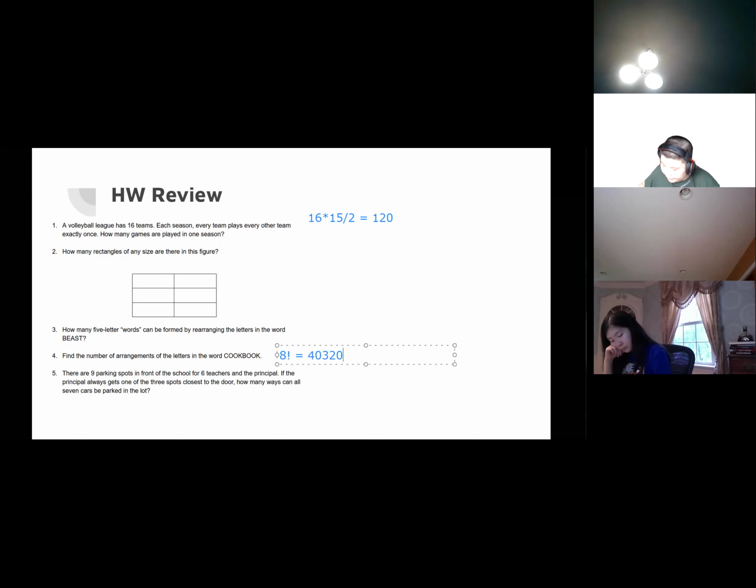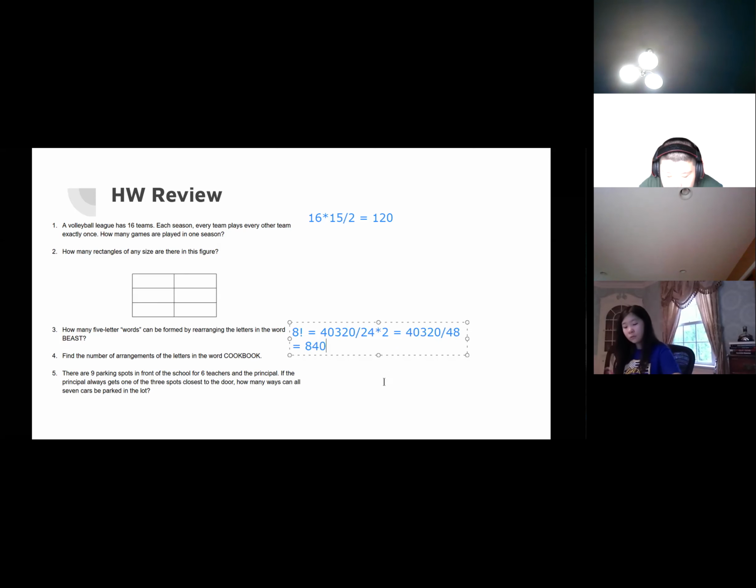So you just have to divide by 4 factorial times 2 factorial, which is 24 times 2, which is 48. 40,320 divided by 48 should equal 840. So that's that problem.